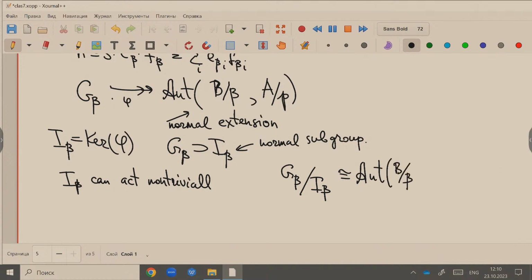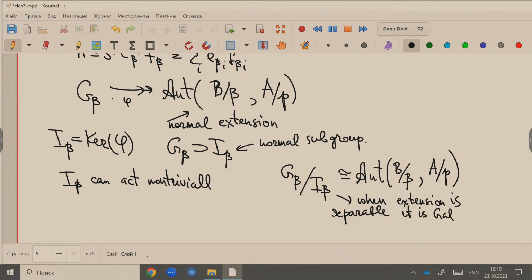So if you know that it is separable, for example, when A over P is a finite field, then it is just the Galois group of the corresponding extension.